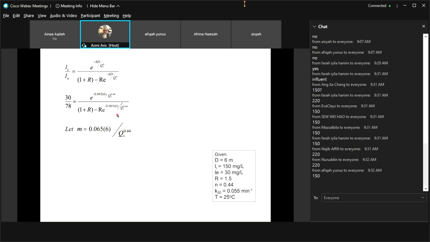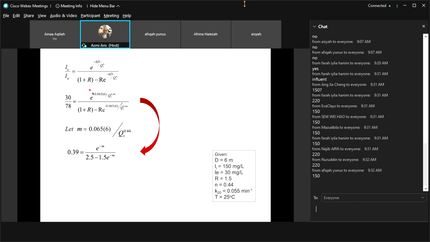Okay, so let's say m equal to this. M equal to 0.065 times 6 divided by QV to the power 0.44. So let's solve for this. We have 30 divided by 78 equal to 0.39.